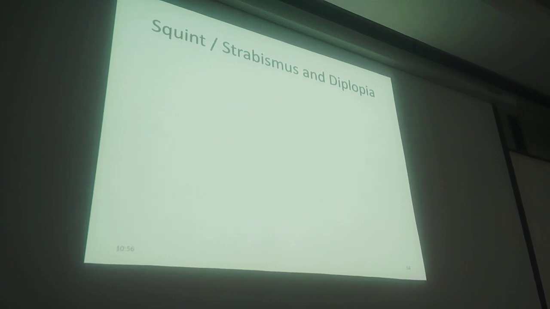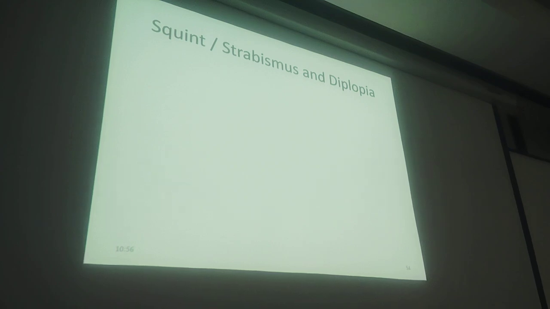However, if the angle between the two eyes keeps on changing when you move the eye left, right, top, down, the brain does not learn whose image should be suppressed and doesn't suppress any image. That's the time you get diplopia.